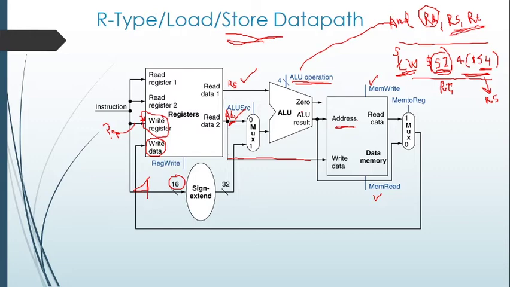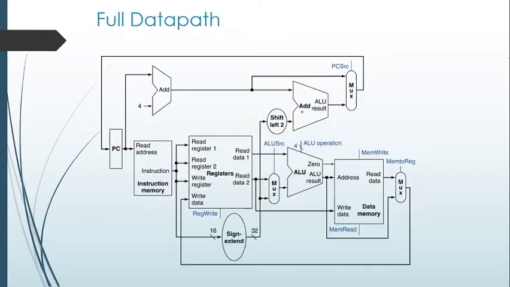In the next step, all these instructions complete on a write operation. Whatever it finishes at some write operation, that completes the instruction. So this is the full data path that we finished in the last lecture on this slide. This is a complete data path. We can see there are some blue signals here.